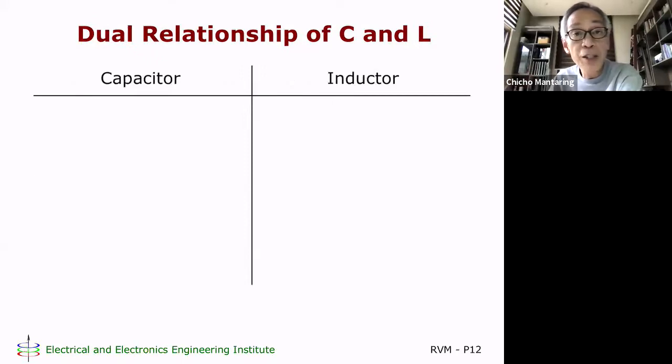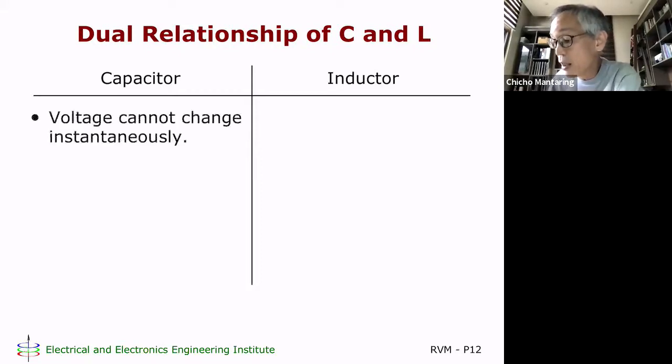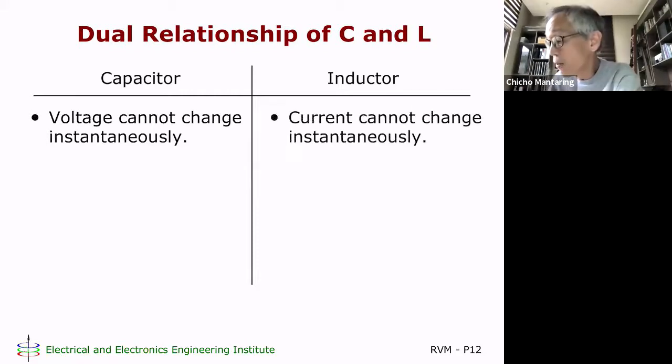Now, the repercussions of these relationships: for a capacitor, your voltage cannot change instantaneously. And for an inductor, your current cannot change instantaneously. Why is that so? Okay, so let me make a very simple illustration.